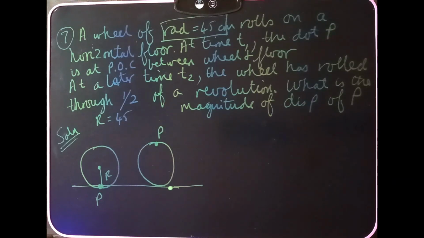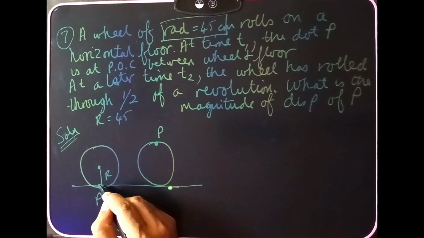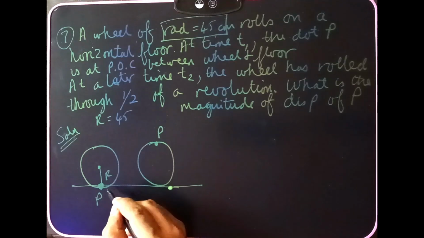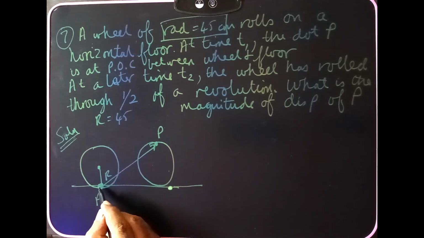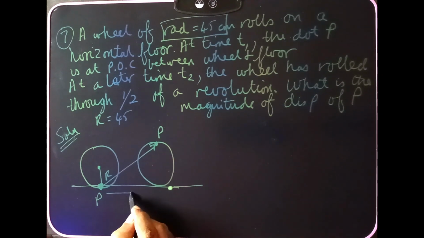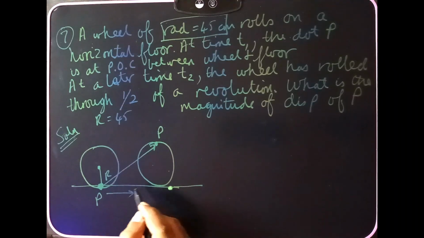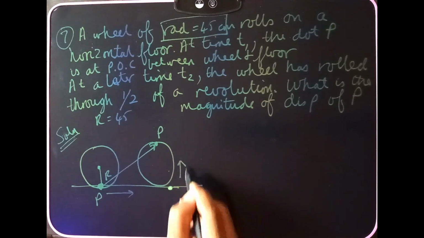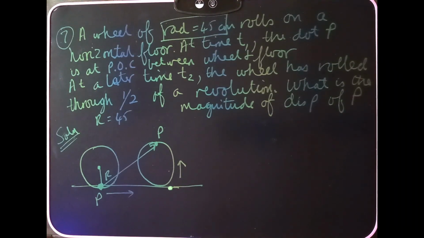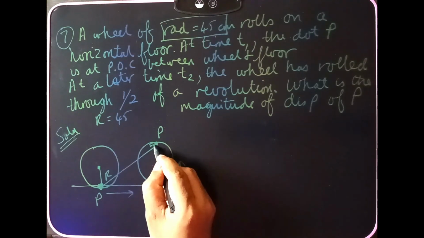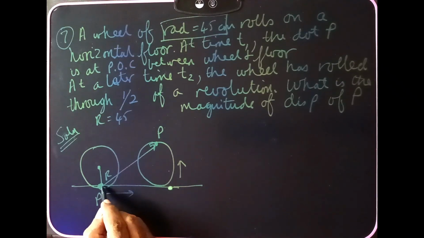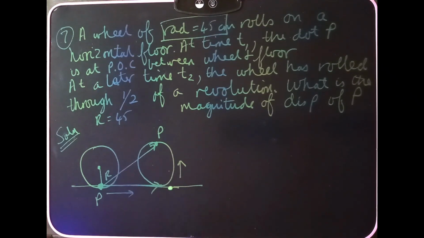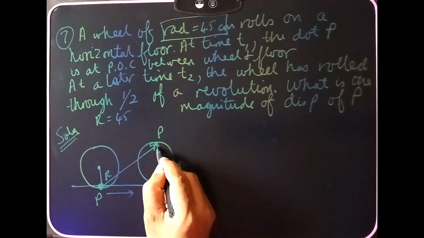Basically this point has got displaced to this point. So this point P has moved along the x-axis and it has also moved along the y-axis. And this is the final displacement from here to here. So it has moved x distance and it has moved y also.